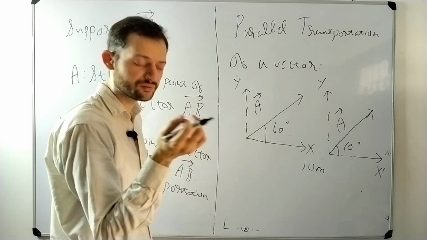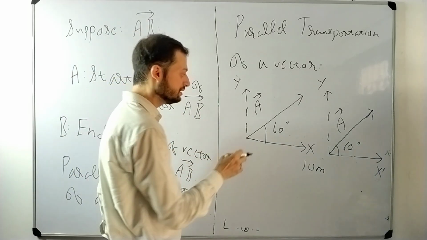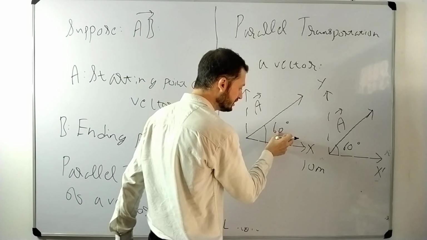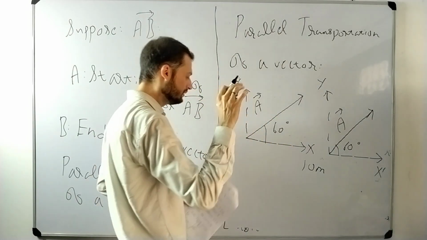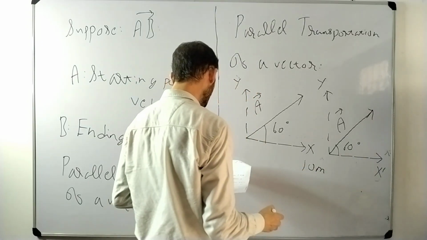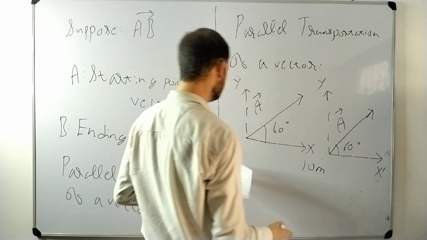What's the use of this? We use this to actually get the resultant of two vectors. We will see it later. Let me deal with the theory for now.